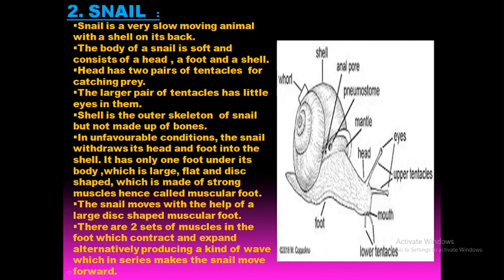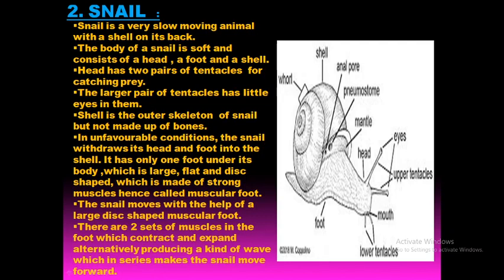Now, the snail has only one foot under its body. The foot of the snail is large, flat, and disc shaped. It is a very important structure because it is made up of very strong muscle. That is why the snail's foot is known as the muscular foot, and the snail moves with the help of this disc shaped muscular foot.